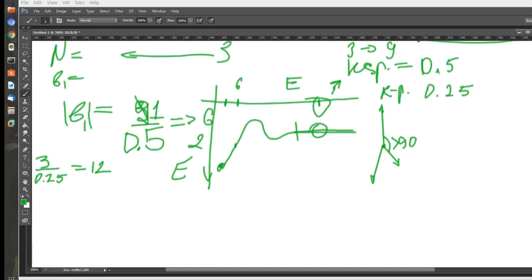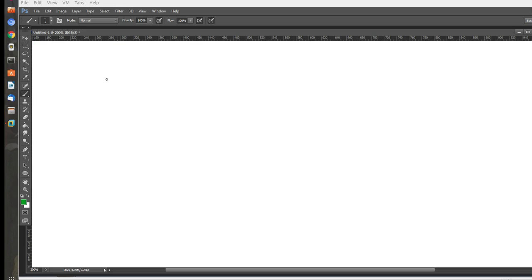Now let's move to direct space and Brillouin zones. Let's imagine that we had something like that, a two-dimensional unit cell in direct space.